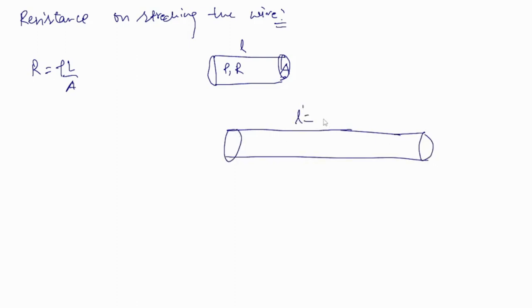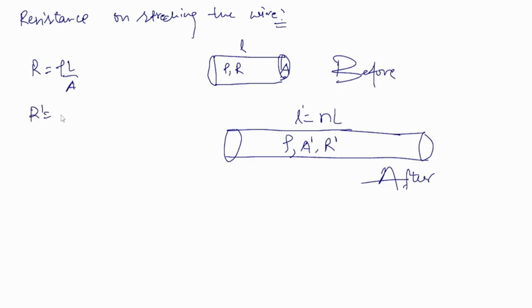L dash is equal to n into L. Rho will remain rho because it is a material property. Your area will be A dash and resistance will be R dash after stretching. This one was before, this is after. Now what will be the relation?